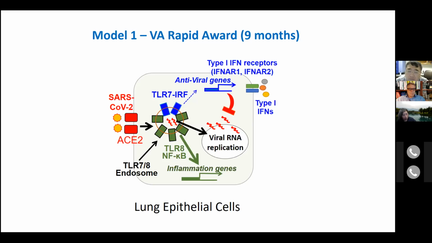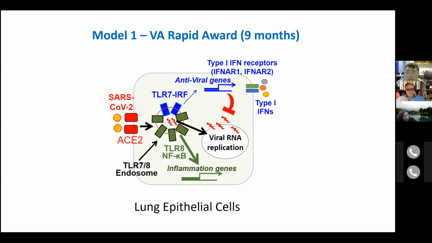Why would some people develop such a strong inflammatory response versus some people who may have a very good antiviral response? I think we proposed that individuals who develop a very good antiviral response are the ones in whom the single-stranded RNA virus triggers the TLR7 pathway. Whereas for some individuals, for some reason, I actually did not propose in what way this happened.